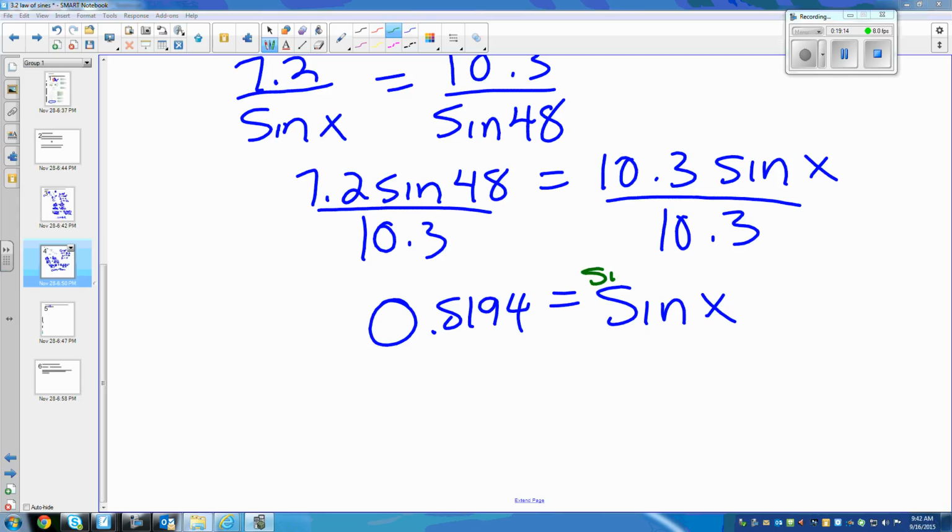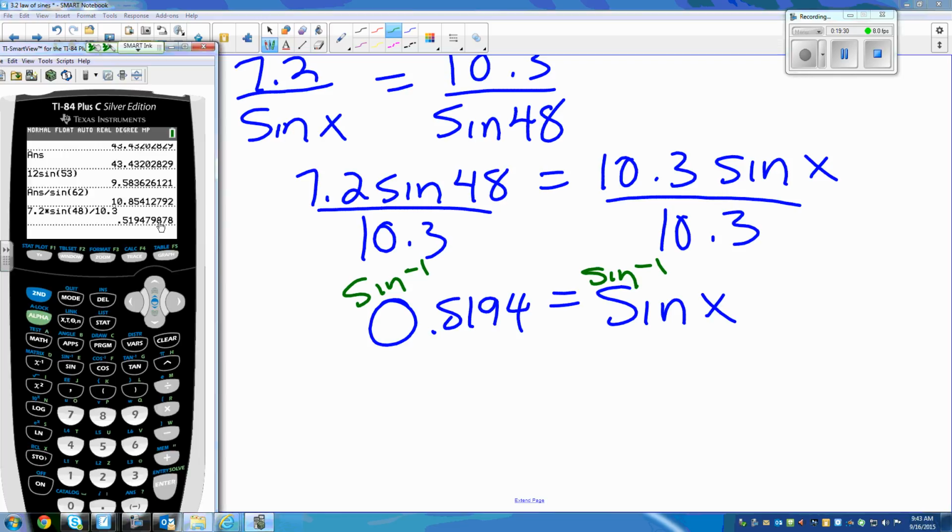Second sine. So you hit the sine to the minus 1, right? Now, I'm going to request something of you guys. You guys are getting old enough that you can actually follow your calculator's instructions. You can own it. You can be a boss of your calculator, right? So instead of typing all that number in, you're going to hit second answer.